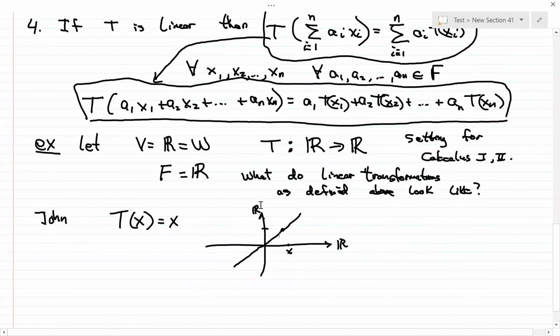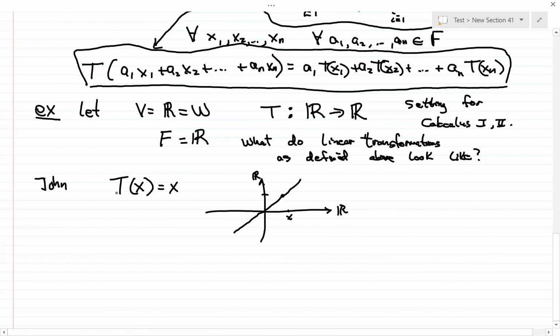Okay, so T is defined this way for all X in R. The first property says if you had two real numbers, then what would T do to them? Well, I think it's just going to give you back the same real number, right?